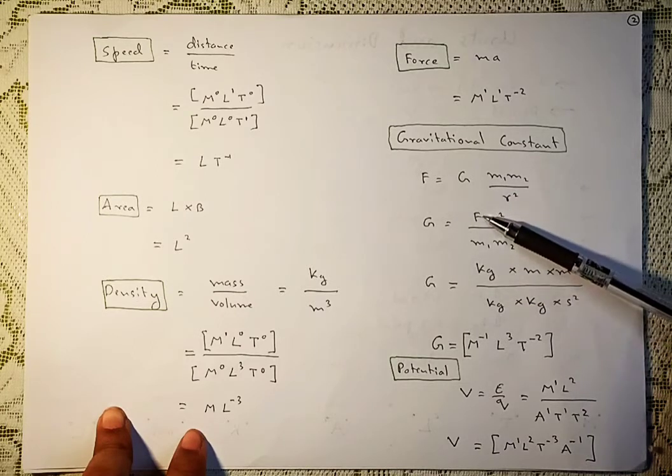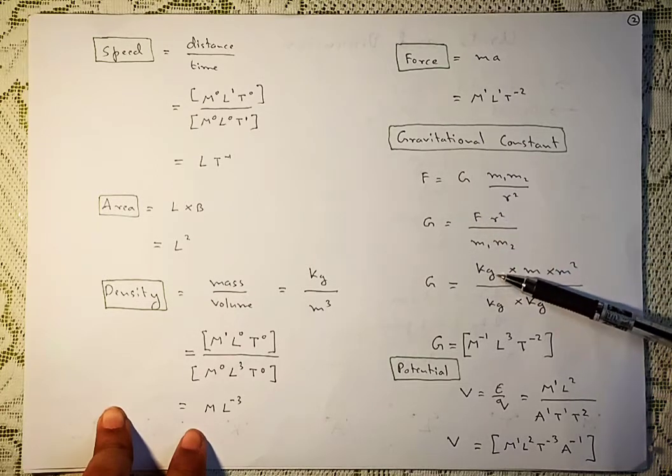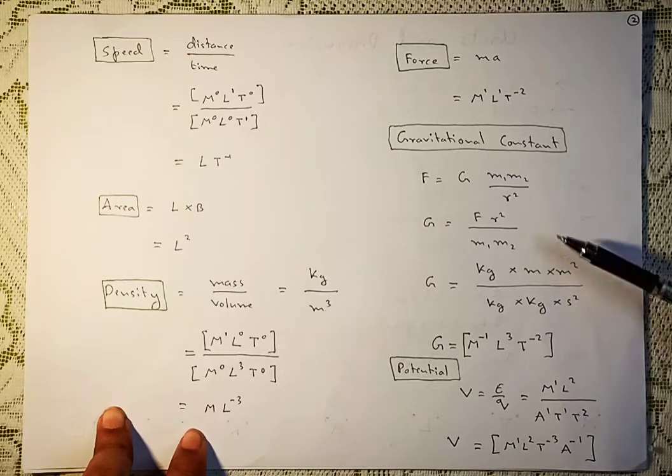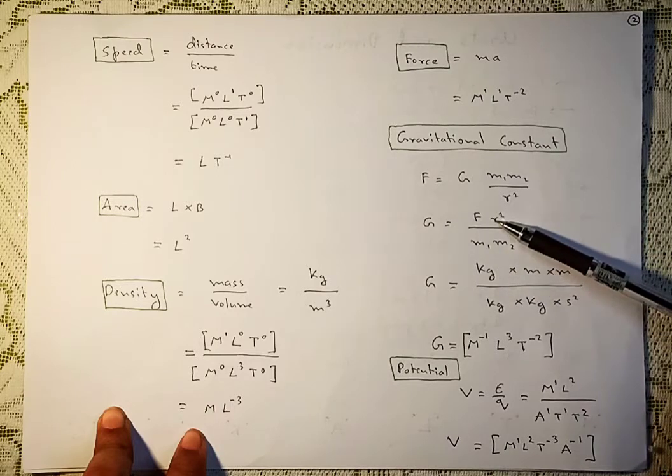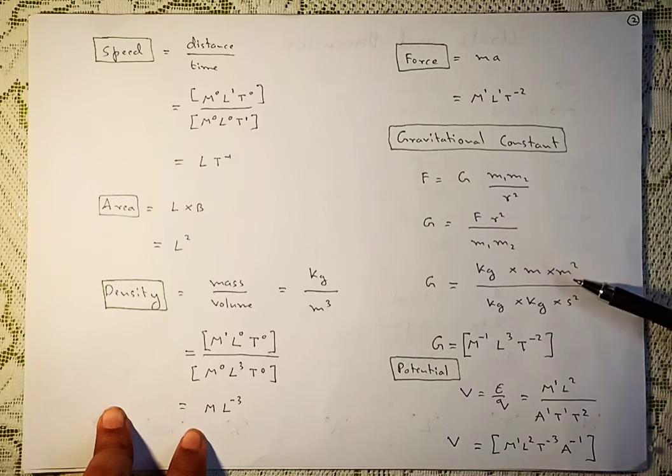This is force, therefore it is what? Kg meter per second square. And this is r square. This has the unit of length, therefore meter square. And then mass m1 m2, this is kg, this is kg, therefore kg.